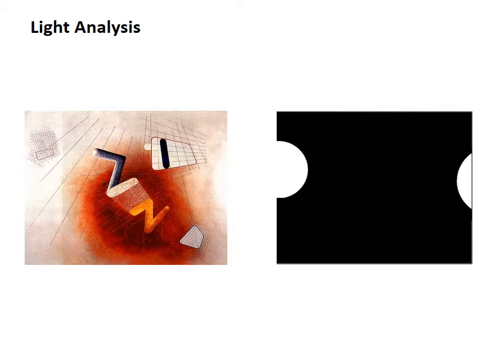So why is this light analysis important? What is it doing to the painting? Well, in my view, I feel like some of these lines and rectangles are being reflected somehow, and I feel like these light sources are the main reasons that these things are being reflected.